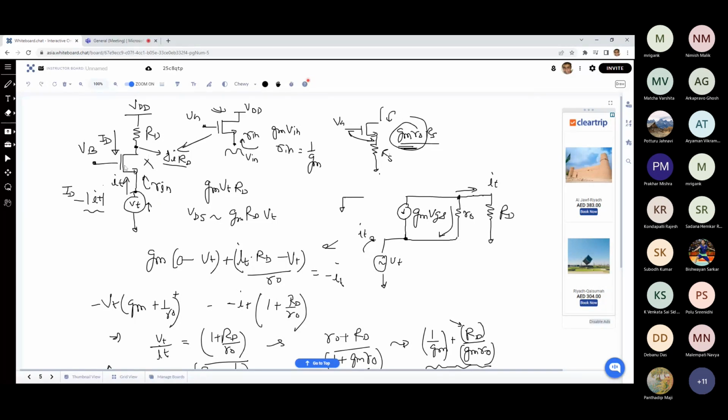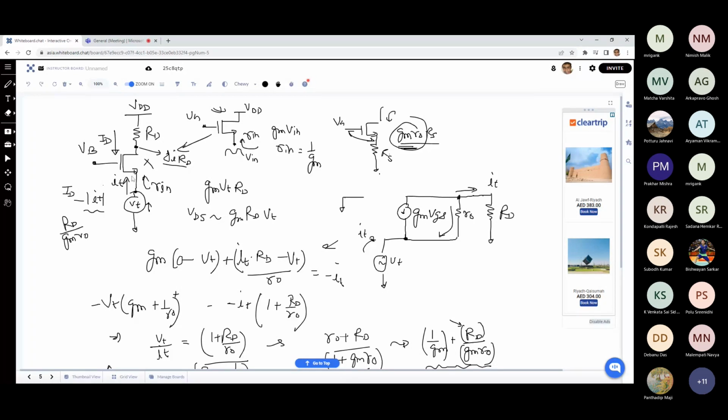But now you have inserted this MOSFET in series and you are applying the voltage at the source of the MOSFET, and what we are seeing is the overall impedance has been reduced. As compared to applying the test voltage directly to RD, if I'm applying the test voltage to the source of this MOSFET, the impedance is getting reduced to RD upon GMRO.